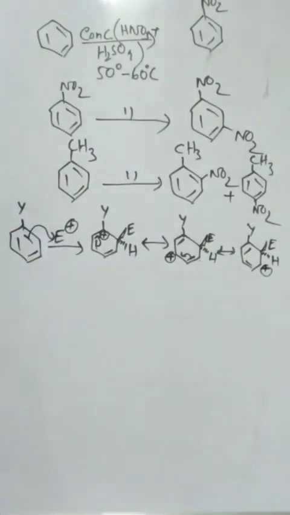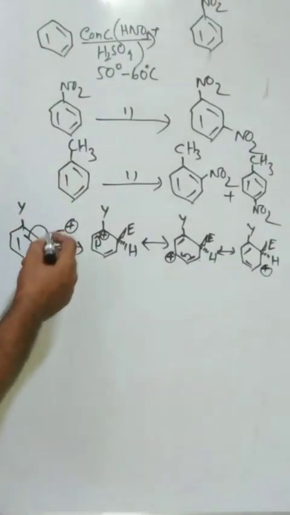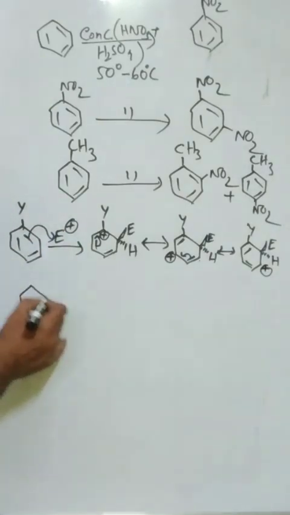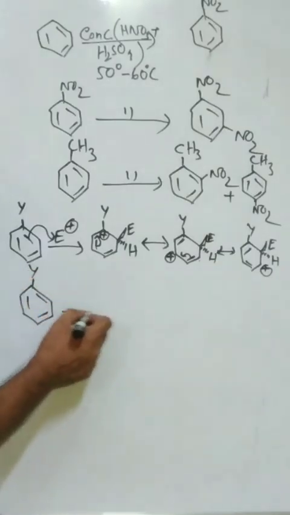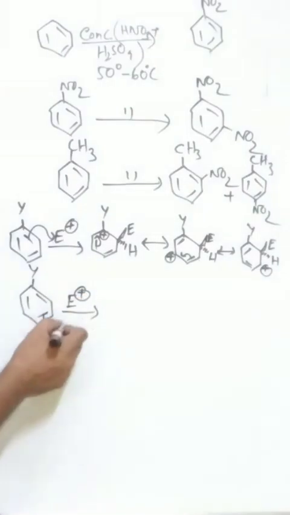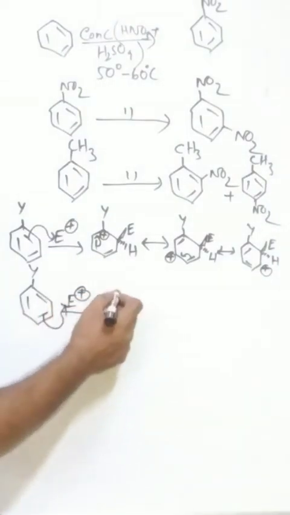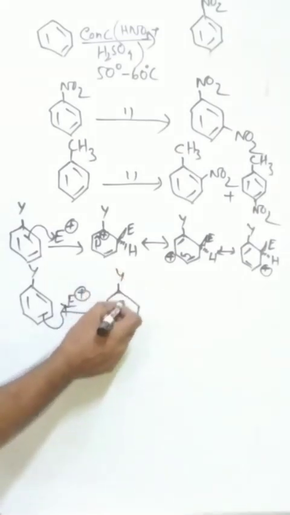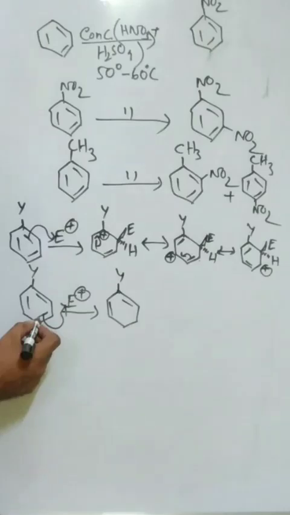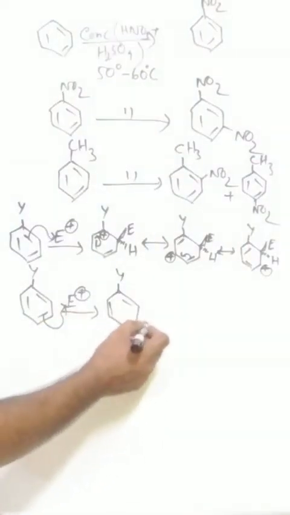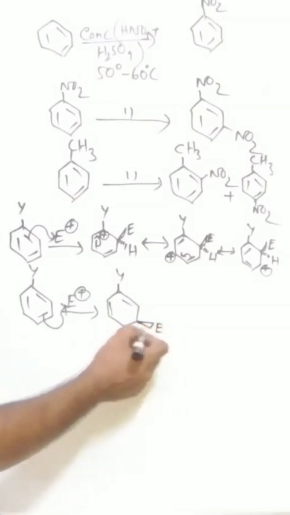Okay, now let us see what happens if the electrophile comes in the meta position. Here is the compound, the electrophile, this position is meta, so the bond attacks here to form this cation. Since the bond breaks from this carbon, the positive charge comes on that carbon atom, and the electrophile is added to this carbon.